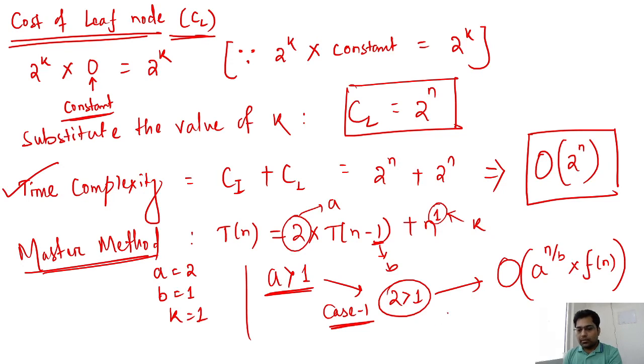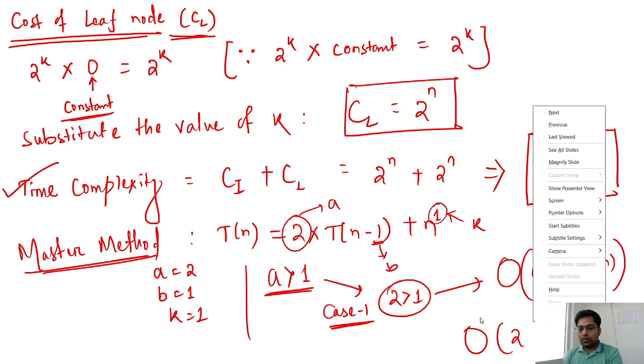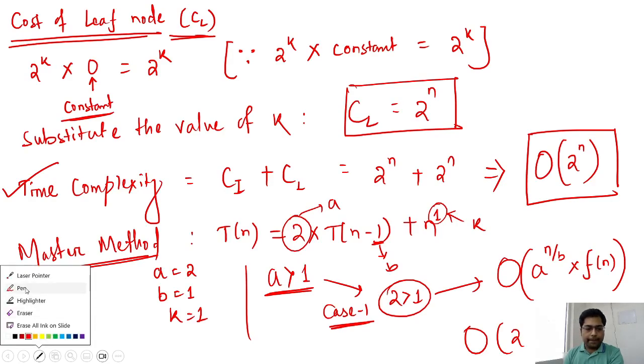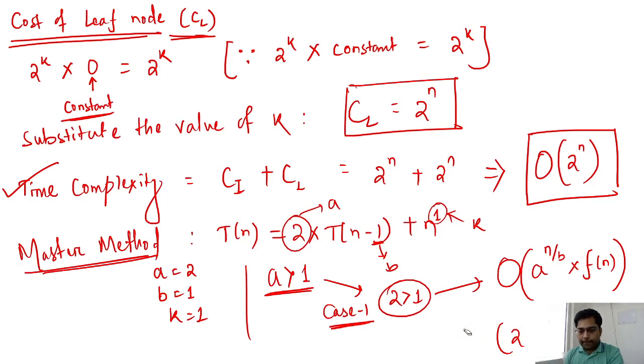We can say the time complexity could be rewritten as O of A is 2, n by B, n by B is n by 1, O of 2 to the power n by 1 into 1.